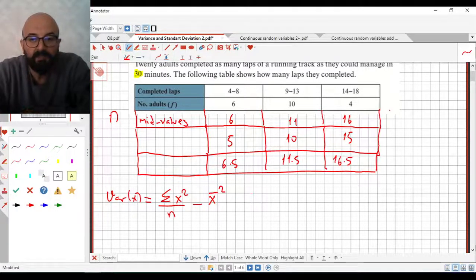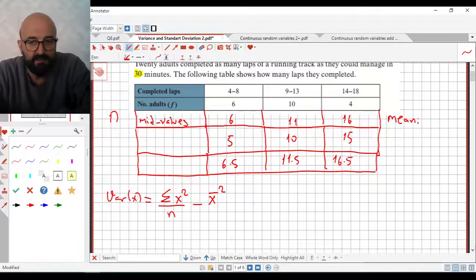So for the mid values 17 and 16, the sum is 33 over 2, 16.5.